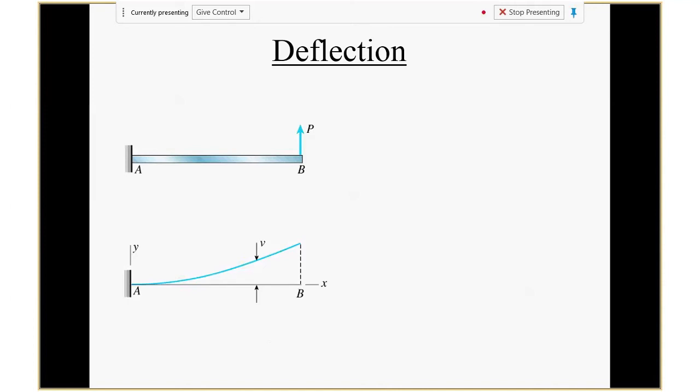Elongation or shrinkage. So when you have a beam and you bend it, like we show here, you get a lateral deformation or displacement, and that we call a deflection. And we use the letter V to represent it. All right. Okay, so now how can we determine the deflection V for a beam?